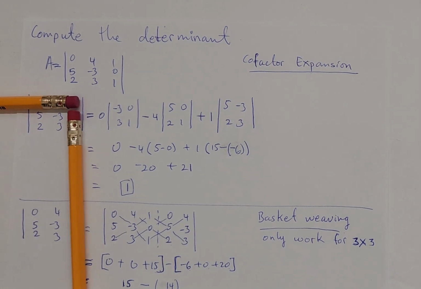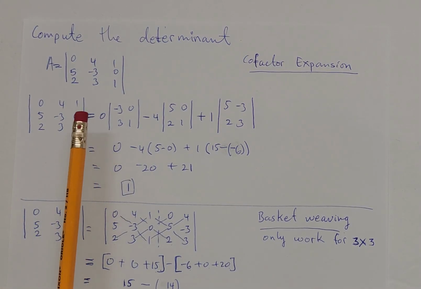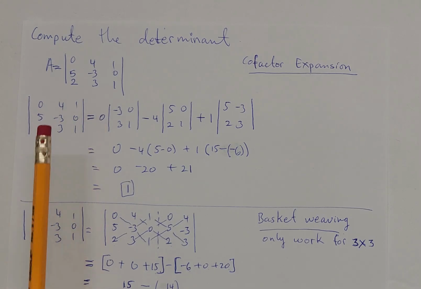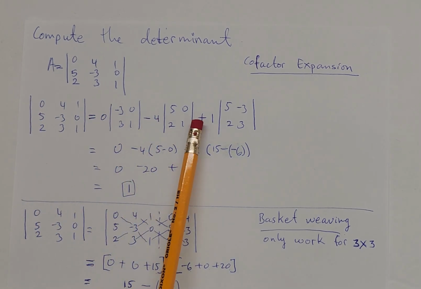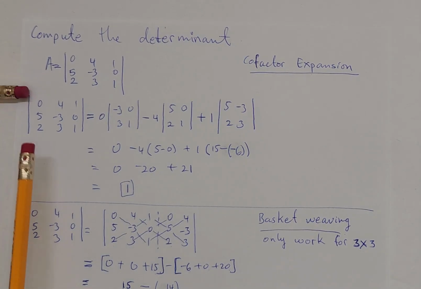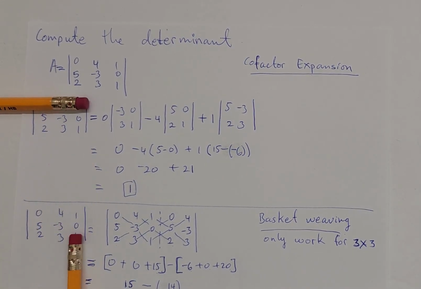Since this is a 3 by 3, I should have plus, minus, plus. If this was a 4 by 4, it would be plus, minus, plus, minus. Again, I'm using row 1 to block out and then every other column.